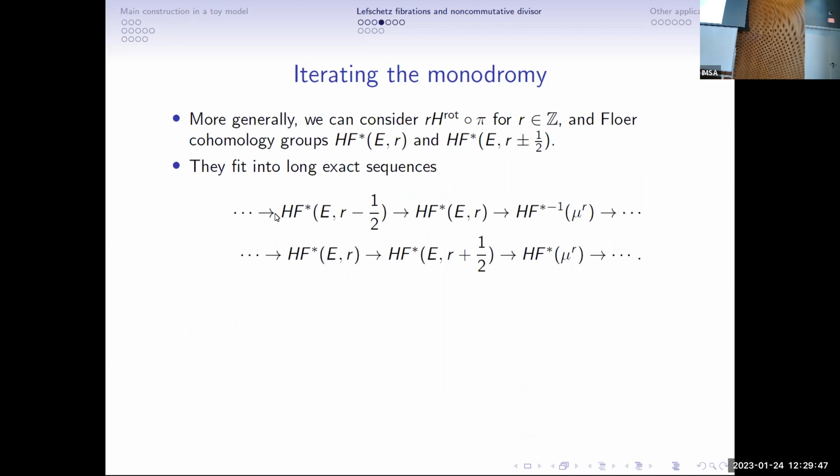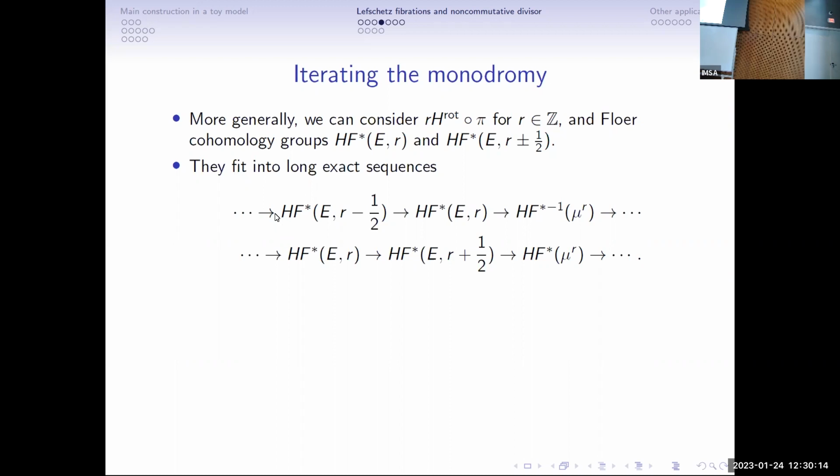I just talked about rotating the complex plane once by this rotation Hamiltonian, and we could try to iterate this rotation to get something more interesting. To be more precise, we consider the Hamiltonian which is R times the rotation Hamiltonian, where R is an integer. And we can similarly consider the Floer homology groups associated with different perturbations.